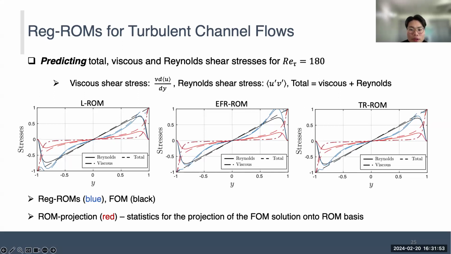Another interesting thing is that for the ROM projection, which is the red, if we look at the solid curve, which is the Reynolds stress, it's way off compared to the forward model. What that means is that the data we have is still not fine enough. We don't have enough data to represent it. But even with this, the RegROMs can still do a pretty good job.